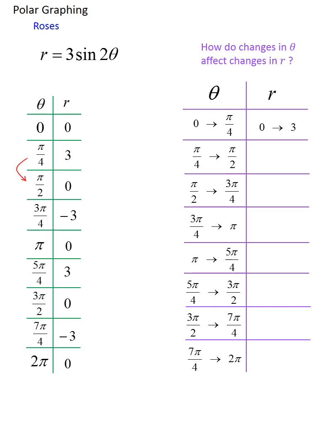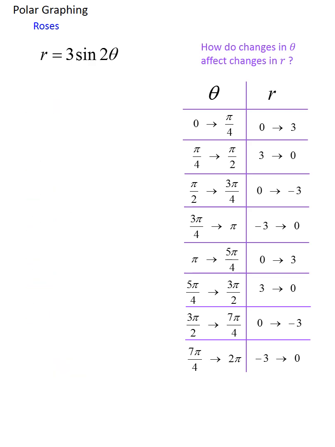Then, as theta goes from 45 to 90, r shrinks from 3 back to 0, and that tells me what's happening in the second half of Quadrant 1. Then, as theta goes from 90 to 135, r shrinks from 0 to -3, and that tells me what's going on in the first half of Quadrant 2, and so on and so on.